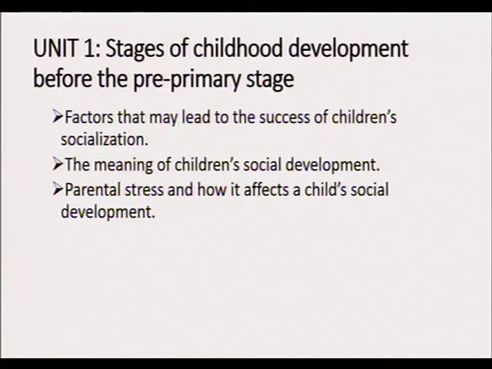Okay, so let's go back to the first point. Factors that may lead to the success of a child's socialization. In Unit 1, you have a topic of socialization. So if you go through that topic, please try to understand what is meant by socialization. And as you are studying the meaning of socialization, look at the factors that may lead to the success of children's socialization.